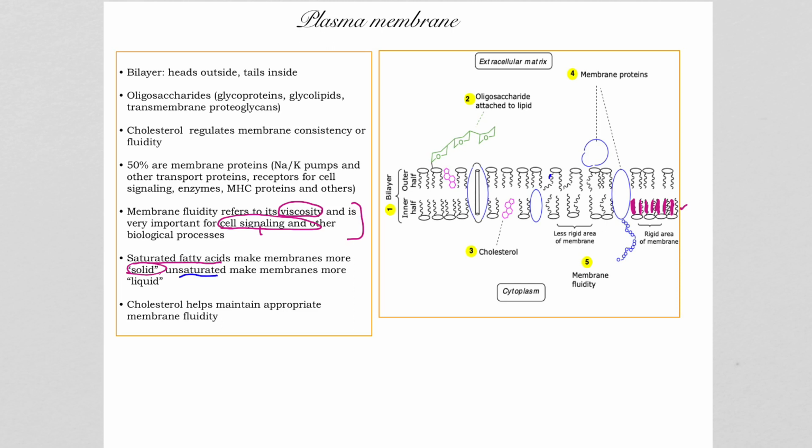While it is just the opposite for unsaturated fatty acids. When you have cis, you can see the bends, and because of the bends, there are more empty spaces. So unsaturated fatty acids tend to make the membrane more liquid. Sometimes membranes need to be more solid, sometimes they need to be more liquid. That depends on the environment.